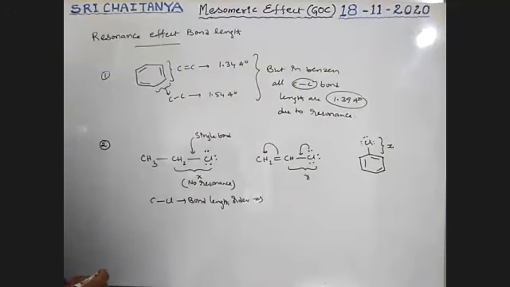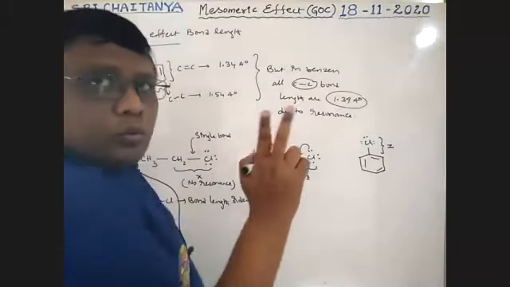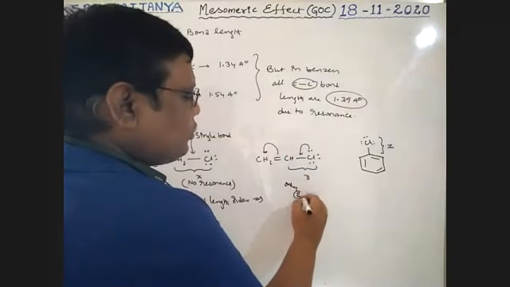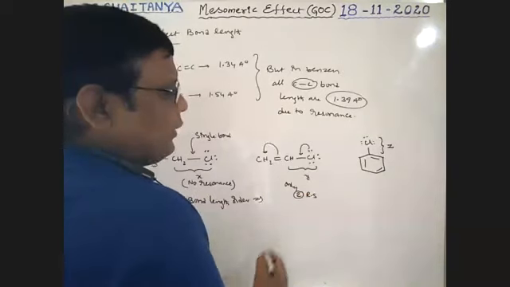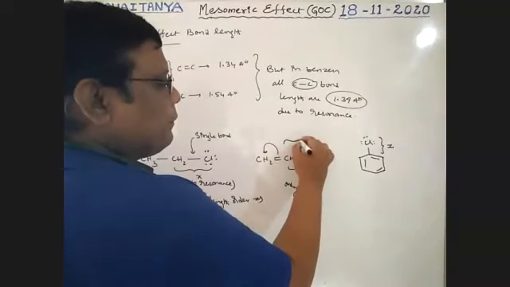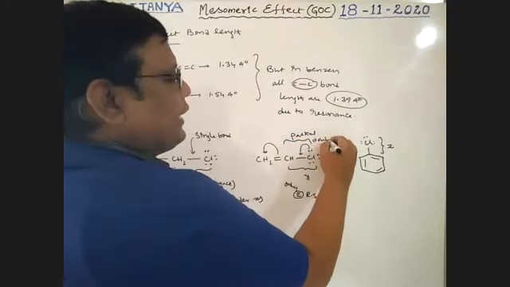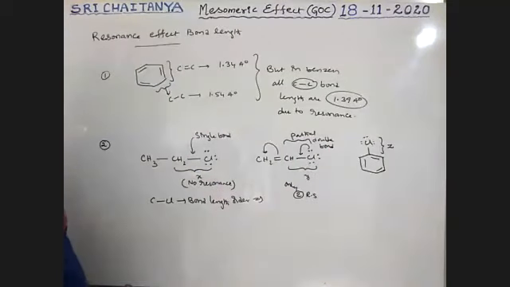But only 2 resonance structures are possible. Okay, so it has partial double bond character.